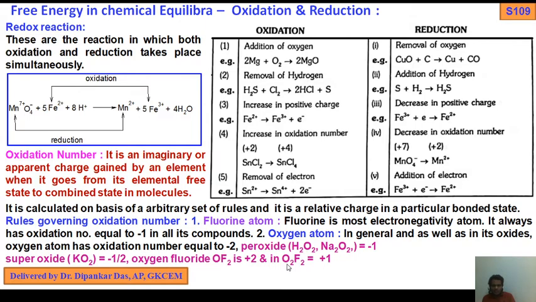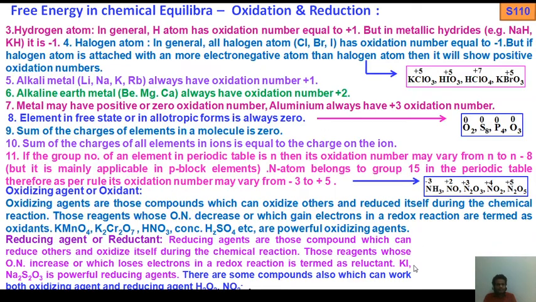In O2F2 the oxidation number of oxygen is +1 and in OF2 it is +2, because fluorine is more electronegative than oxygen. Now hydrogen atom, in general, has oxidation number equal to +1, but in metallic hydrides like sodium hydride and potassium hydride, it is -1.